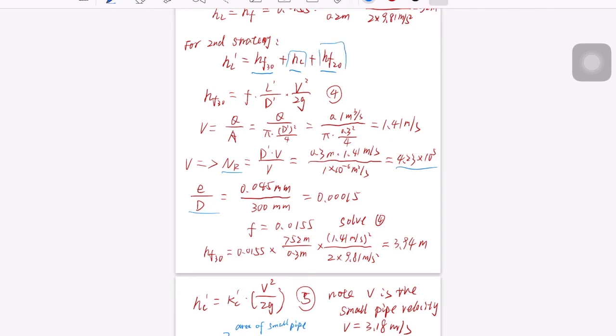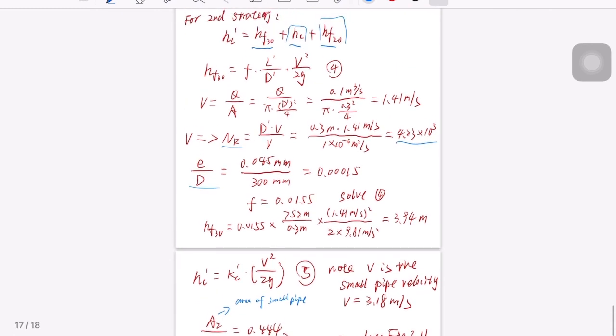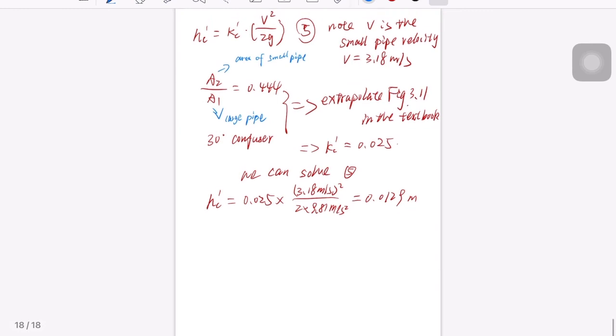Now we need to calculate the friction loss in the small pipe. So HF2 equals 6% times HF. This is because only 6% of the pipe length is the small pipe in the second strategy.